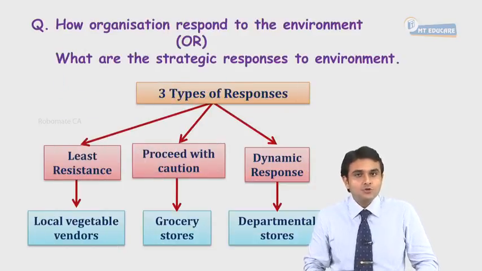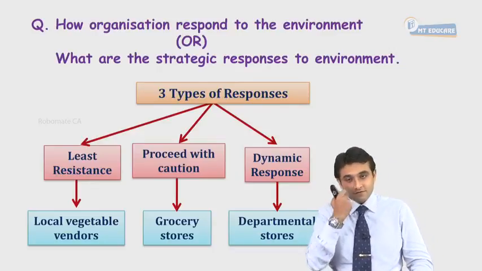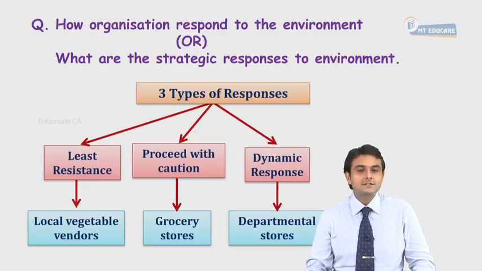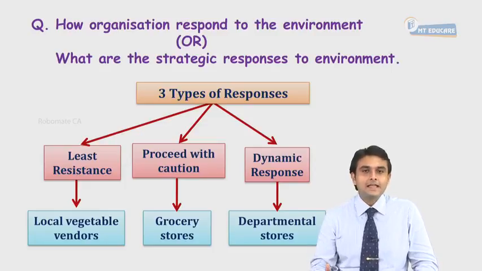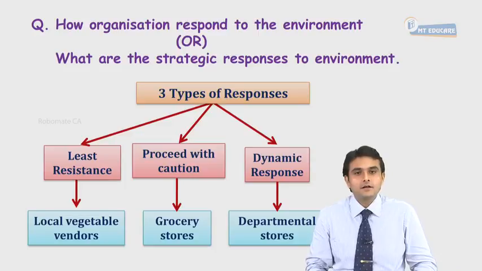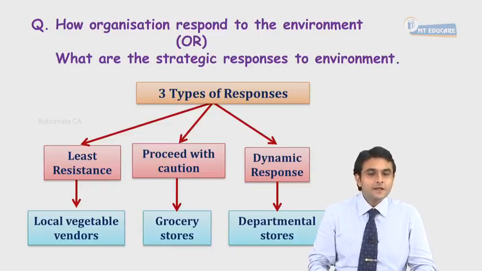Now, a business may adopt any of these 3 approaches to go ahead. First, if the business thinks that the prevailing condition is a little hostile, it can proceed with a very low level of resistance. That is, it will follow a stability strategy to go ahead. The second, it may proceed with caution.